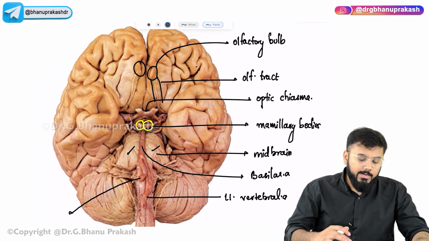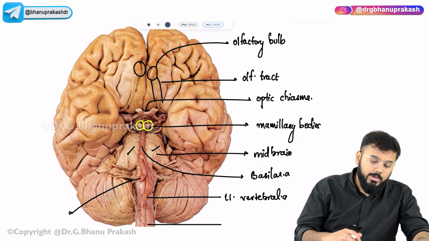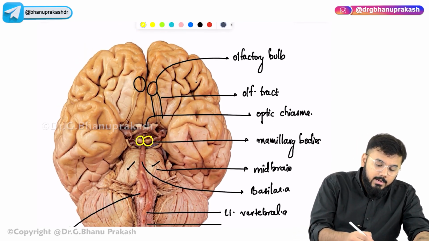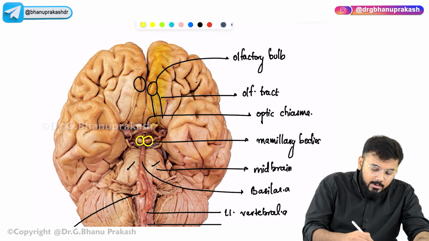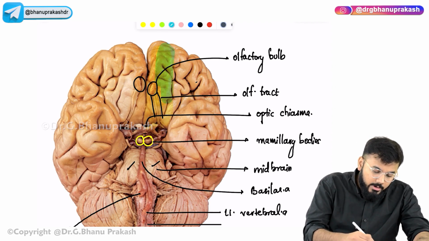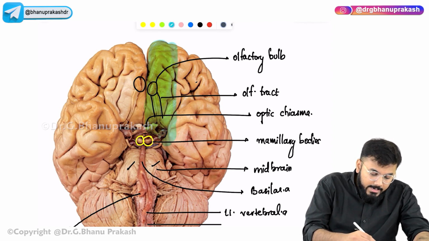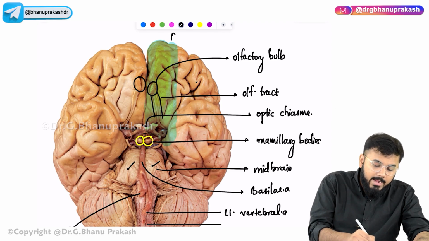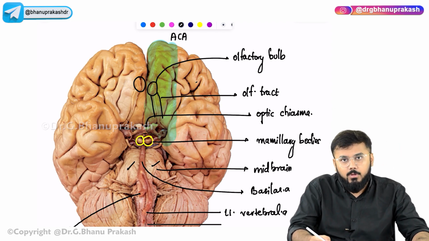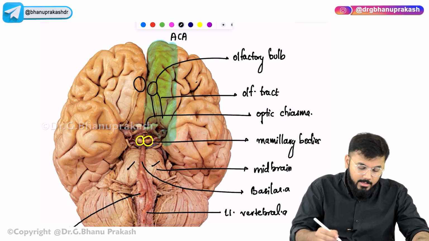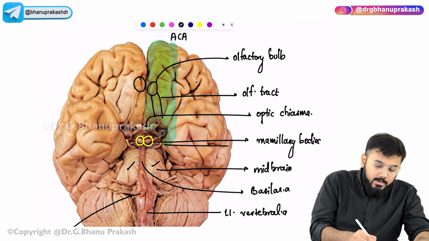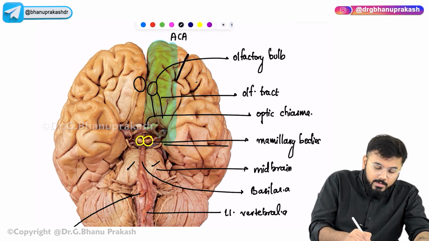Now, the second important thing, adding upon this itself, I want to tell you here, guys, let me highlight this part, right? The part which I am highlighting, I hope you can figure it out. This particular part which I am highlighting here is entirely supplied by the anterior cerebral artery. Next important thing is that you see this particular part over here.